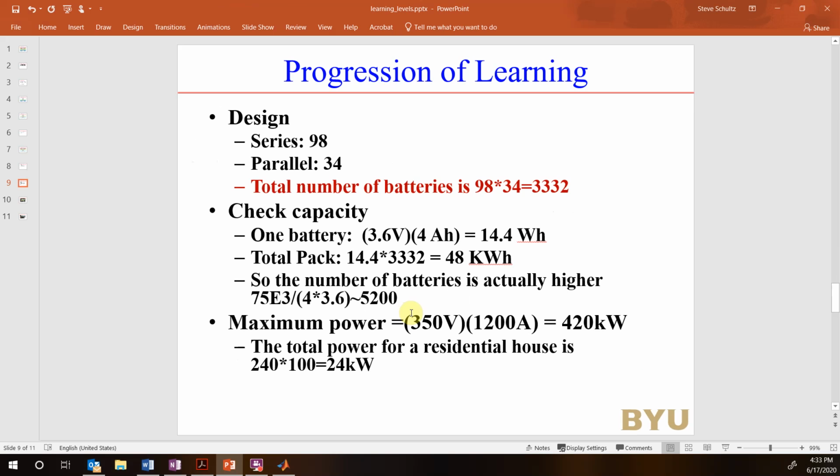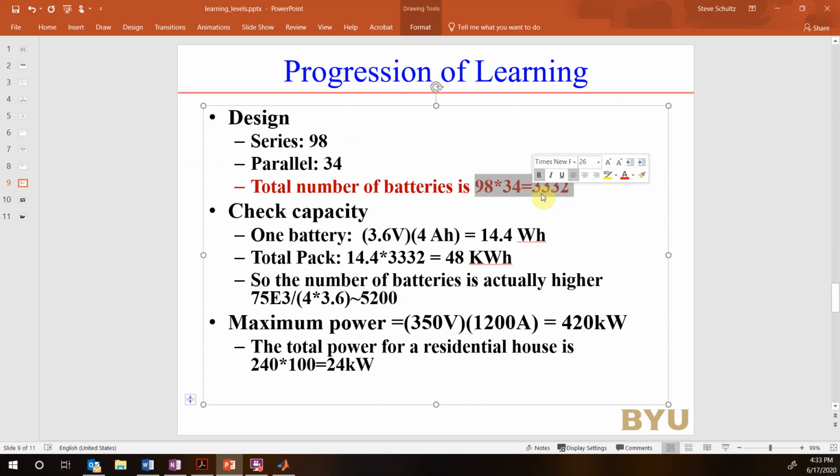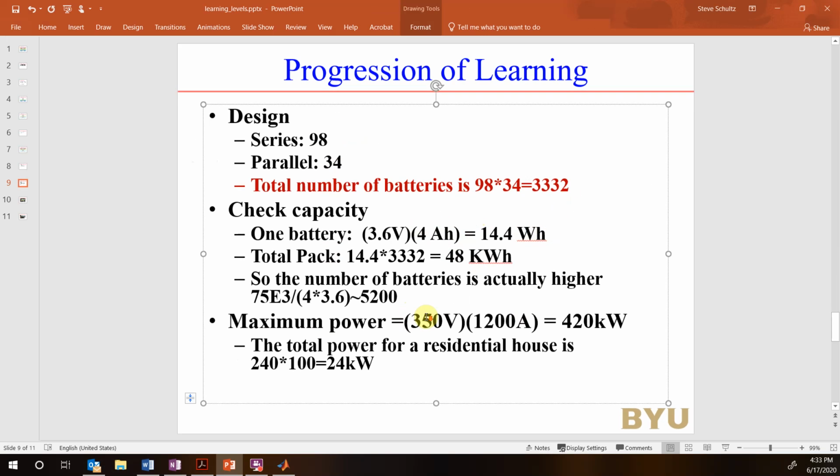So what we see here in this design, in order to meet the current and the voltages, we needed 3,332 batteries. Here's our one battery. So we see actually to get to the 75 kilowatt hours, we would need 5,200, which means that we'd even get more current.